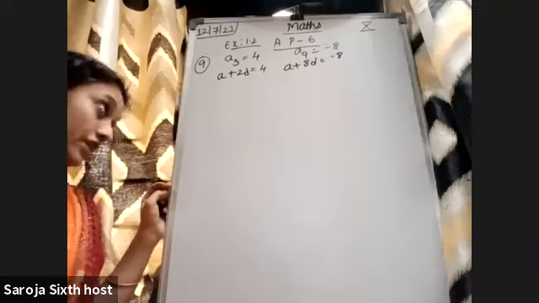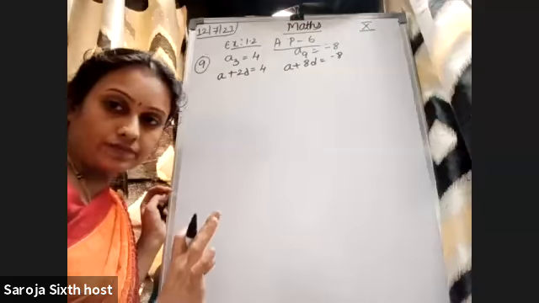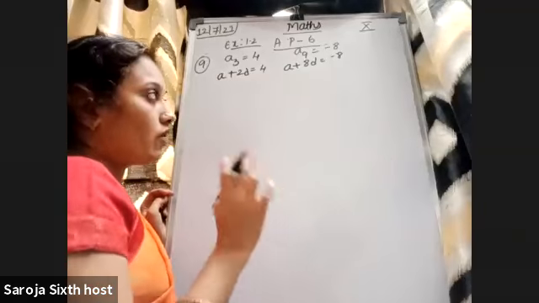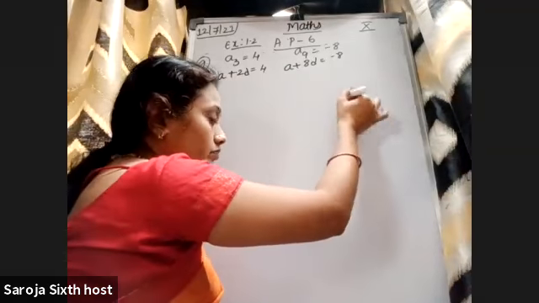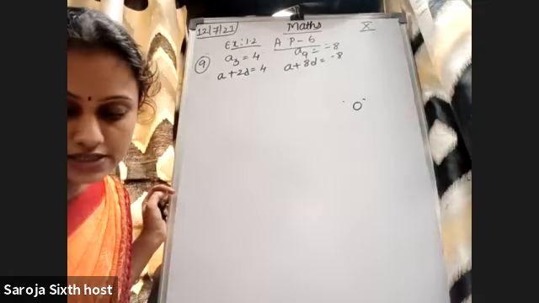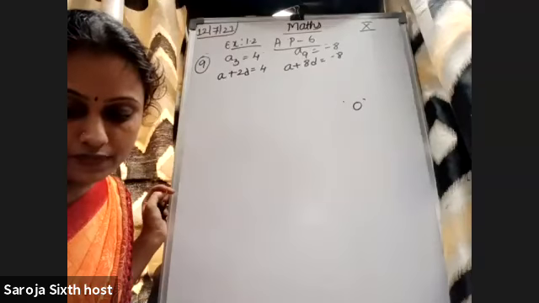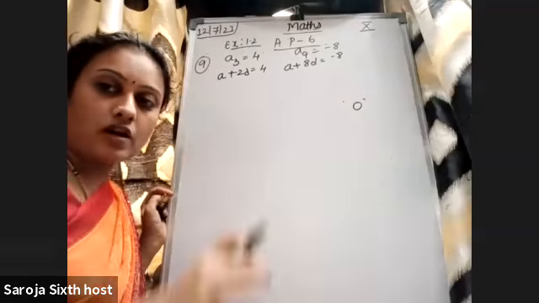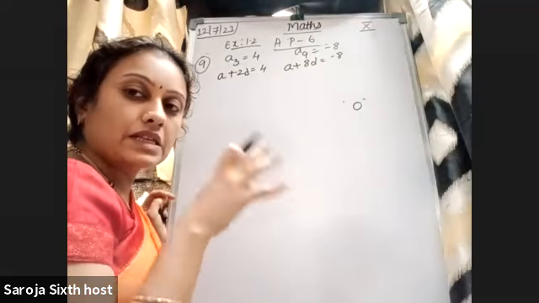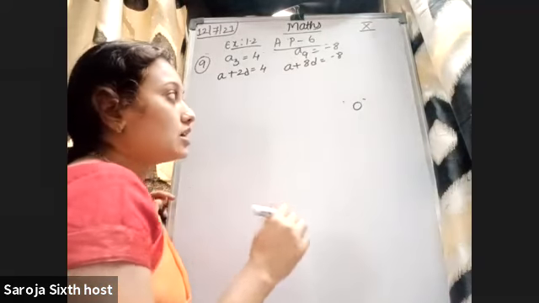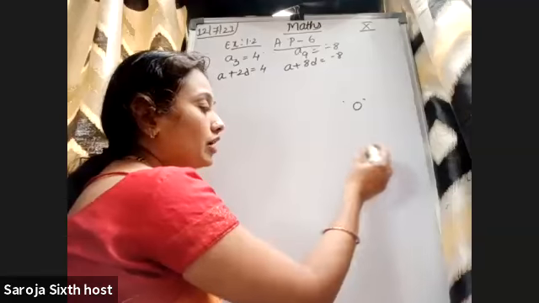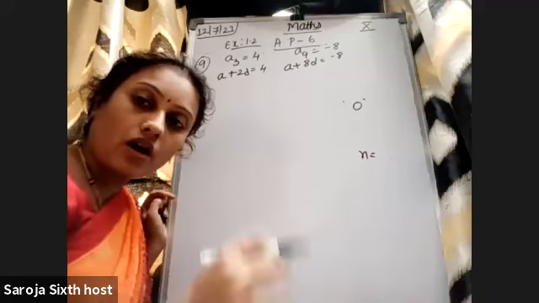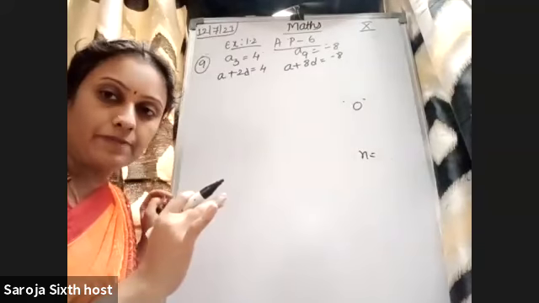Now what they are telling, these two terms are given. Now they had given one number, that is 0. What they asked us to calculate: which term of the given AP is 0, means the n value you should find out. They had given that 0 is one of the terms of this AP.